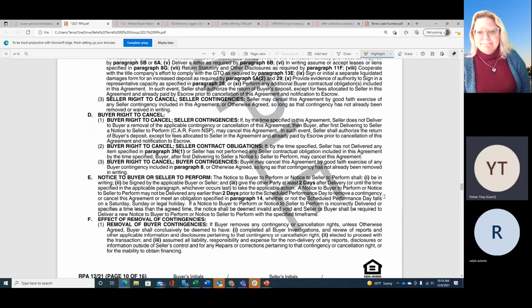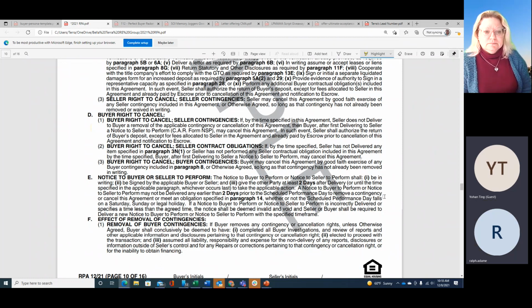A notice to buyer to perform or notice to seller to perform may not be delivered any earlier than 2 days prior to the scheduled performance day to remove a contingency or cancel this agreement or meet an obligation specified in paragraph 14.